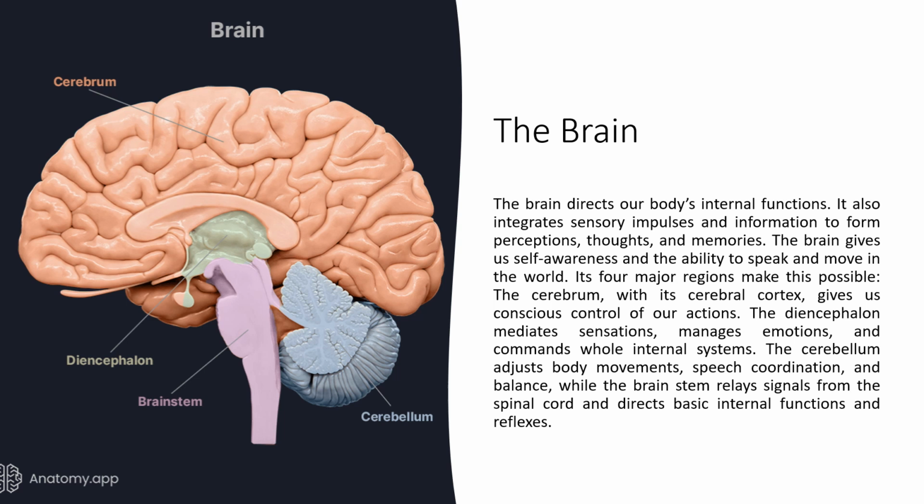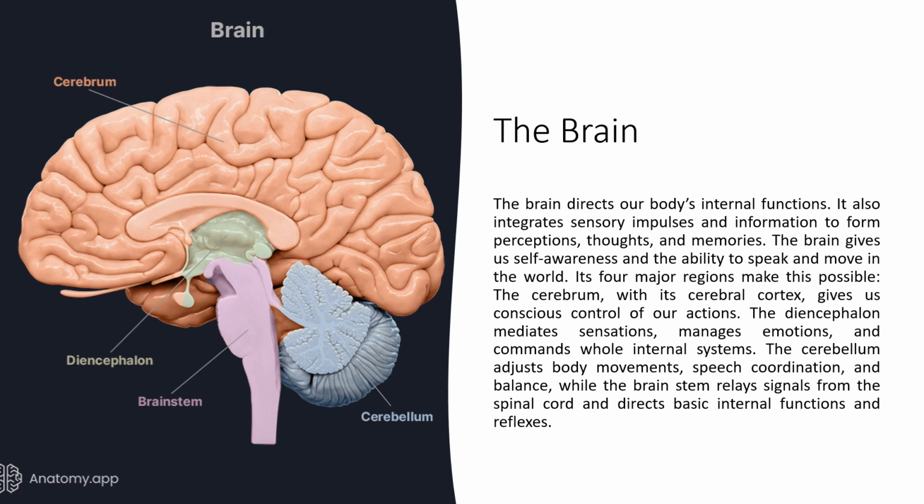Its four major regions make this possible. The cerebrum, with its cerebral cortex, gives us conscious control of our actions. The diencephalon mediates sensations and manages emotions and commands whole internal systems.